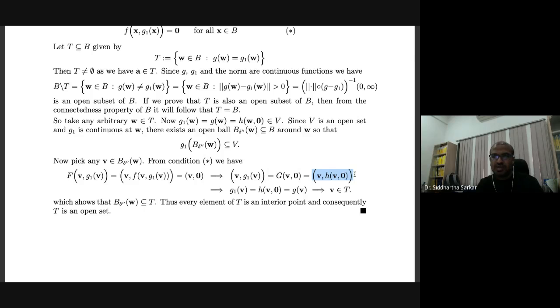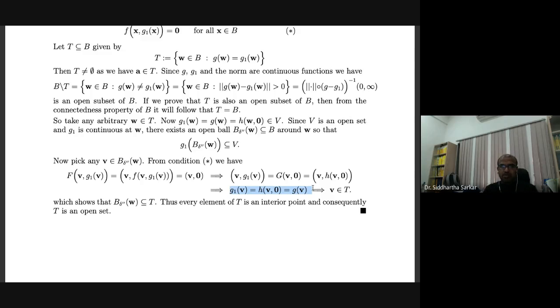And now we can simply compare these two tuples. It gives me immediately G1(v) is equal to h(v0). But if G1(v) is h(v0), the definition of G(v) was equal to h(v0). So therefore G and G1 both agree at that particular point. So what did we prove?